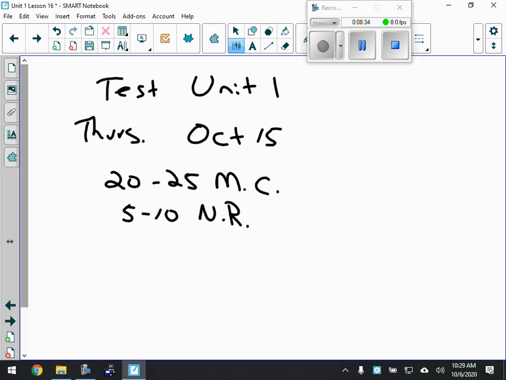And then we're going to have about 4 written response, which could be anything from drawings. So maybe a drawing kind of thing: just show me what this diagram looks like. We might have to justify which one has a higher melting or boiling point.